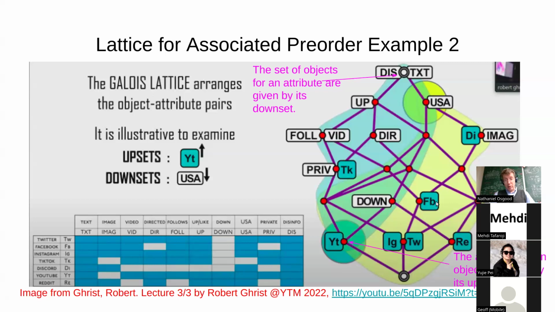And we look at the downset from a characteristic, like whether you can upvote, to find all the objects that allow upvoting, which here will be like Reddit and YouTube and Instagram and Twitter, etc., because those are ultimately reachable down here in the lattice from there.